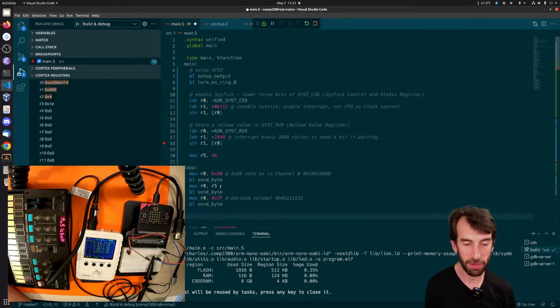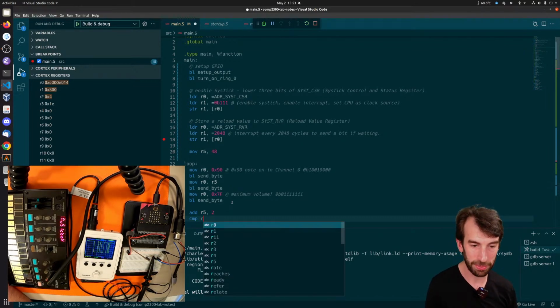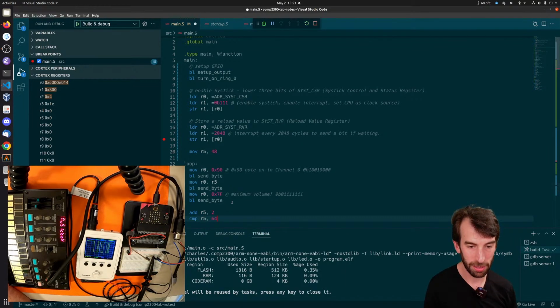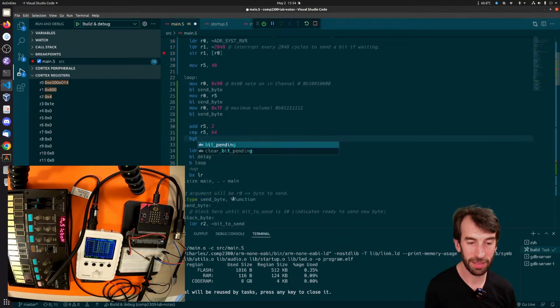Every time I run my frame, I'm going to add 1 to R5, until, not a 1, I want to add 2 so we get a cool whole tone scale. Until we get to, what's 48 plus 16? 64. Compare R5, 64, branch if greater than.